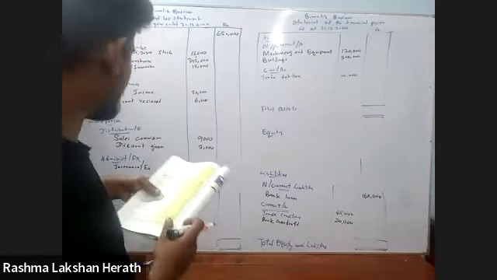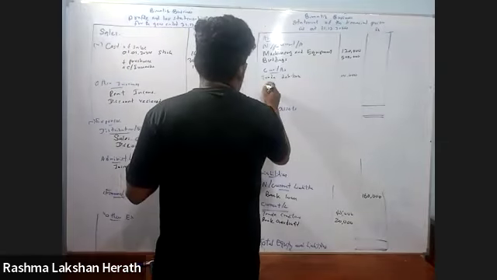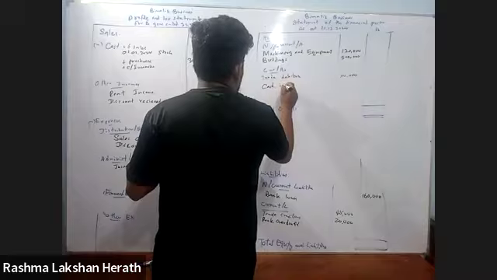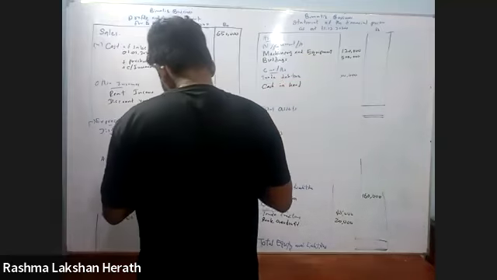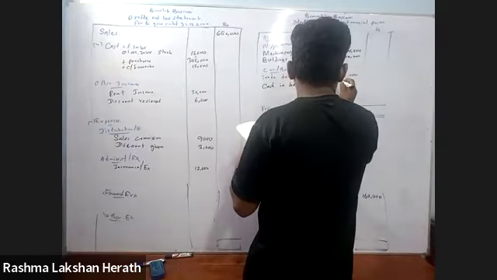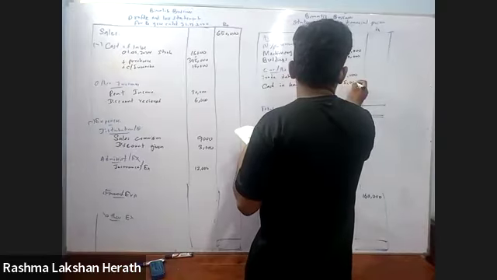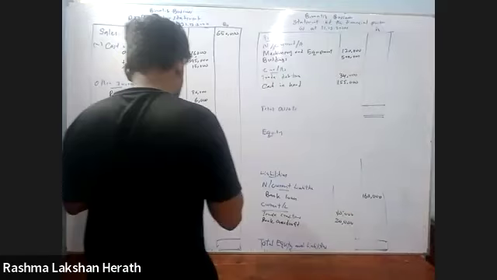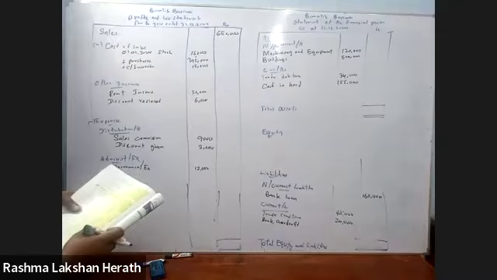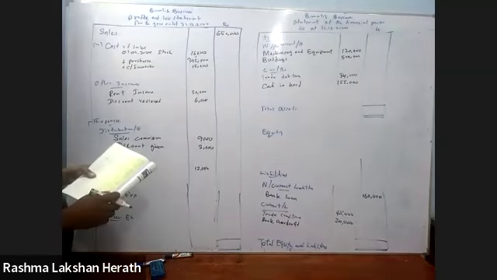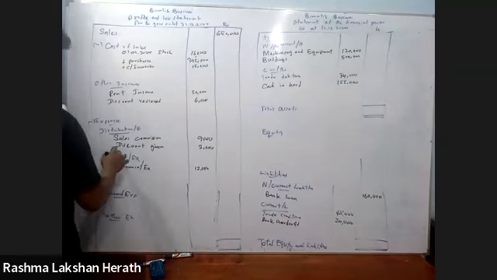And cash in hand, it is current assets. Cash in hand is 155,000. And bad debts, it is relevant to distribution expense.